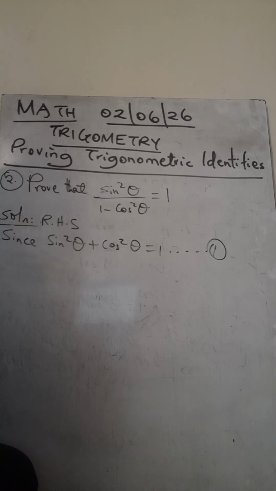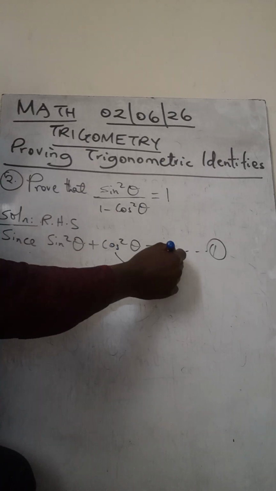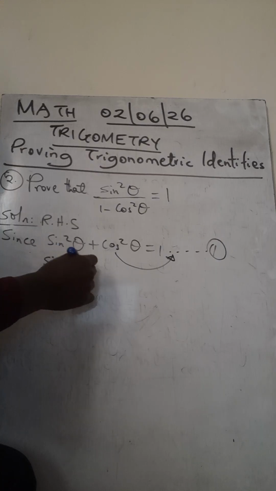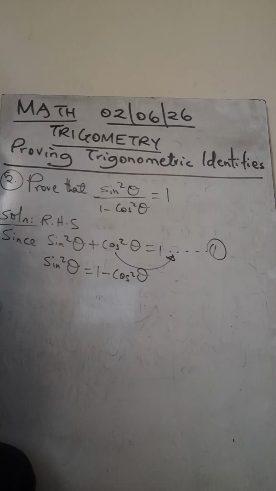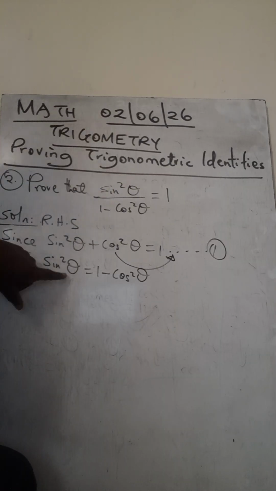What if I divide both sides by, first of all, yes, I can rearrange it this way, so that sine squared of theta equals 1 minus cosine squared of theta. Because I've seen this one here, I want to make it the subject of a formula.